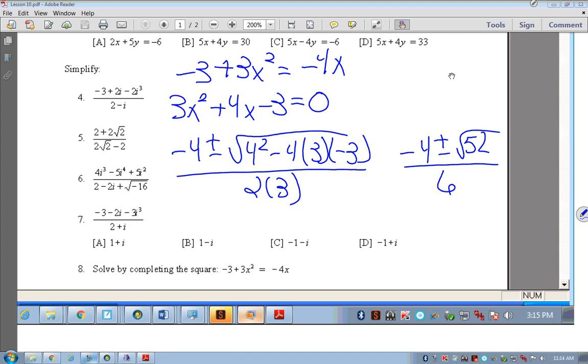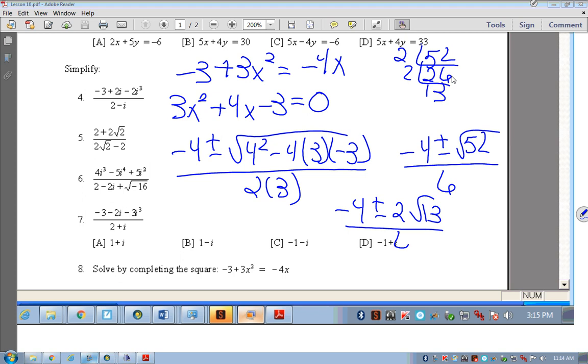Okay. You should be able to take the square root of 52 and reduce it. That'd be 2 and 26, 2 and 13. Right? So you could get negative 4 plus or minus 2 radical 13 over 6.